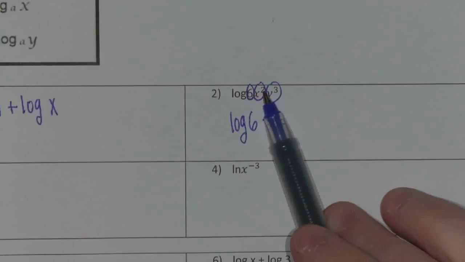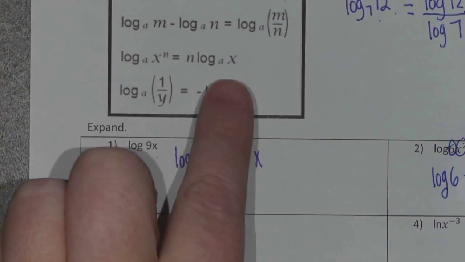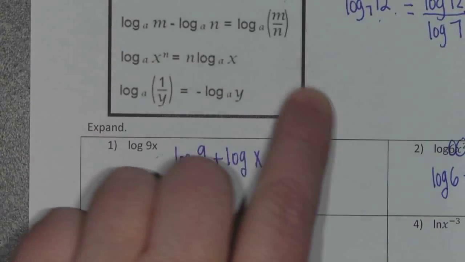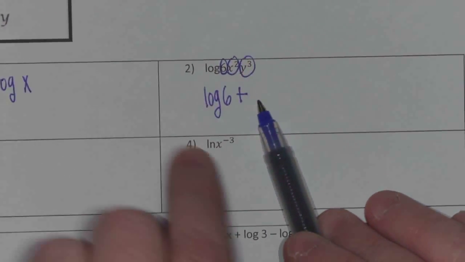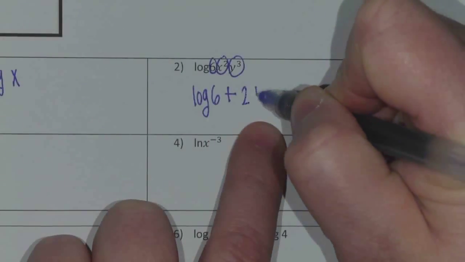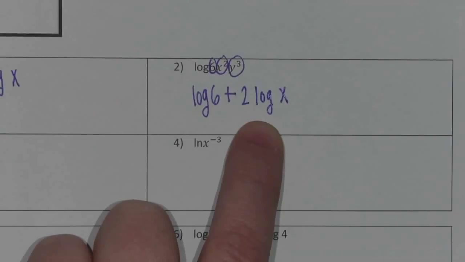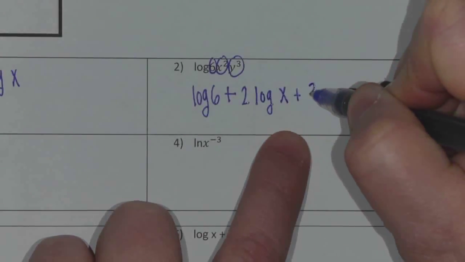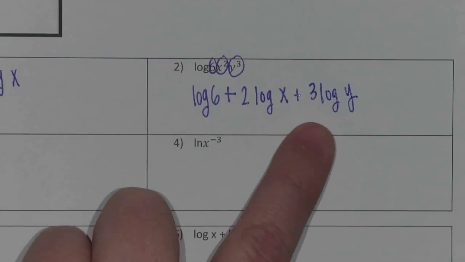Okay, now do you remember the new rule that said if you had a power on the number you were taking the log of, the power comes down in front. So instead of the log of x squared, I would have 2 log of x plus, because it's multiplied again, 3 log of y.